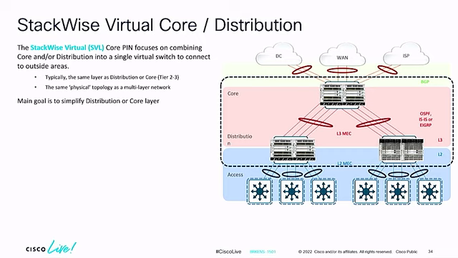And if you're wondering, are VSS and StackWise Virtual the same thing? From a behavior perspective, yes. From a protocol perspective, they're different under the covers, but as far as the way they behave, in terms of failovers and uplinks from neighbors, they're identical.